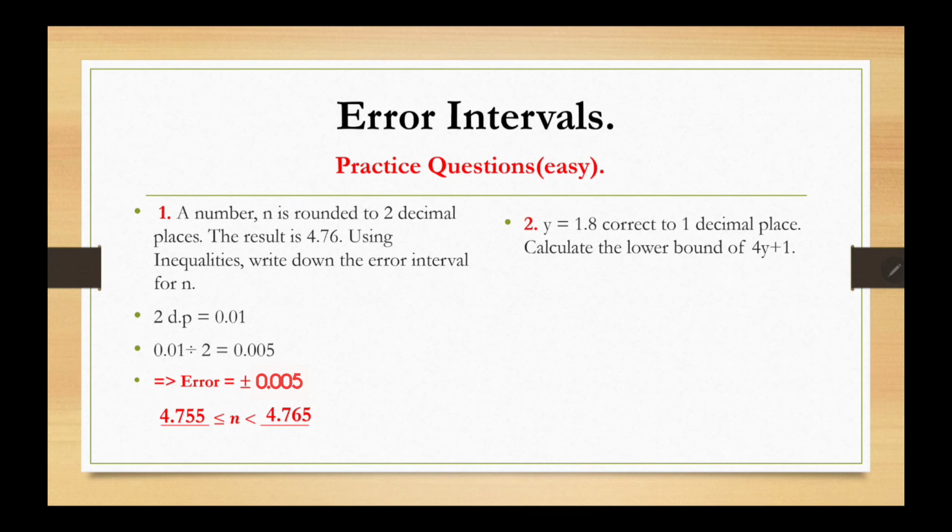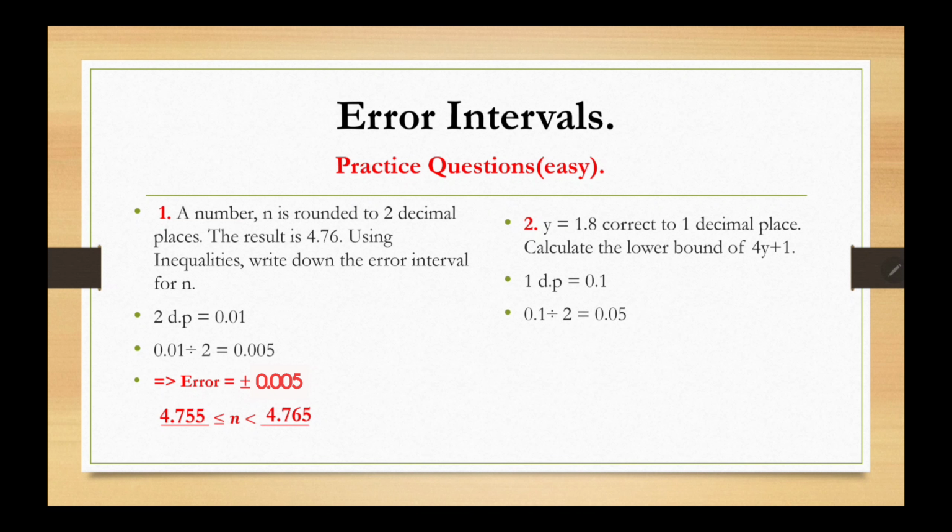4.765. Example number 2. y is equal to 1.8 correct to 1 decimal place. Calculate the lower bound of 4y plus 1. If we want to calculate the lower bound of this expression, we need to also find the lower bound of 1.8. So if it's correct to 1 decimal place, it means we're talking about 1/10 as the degree of accuracy.